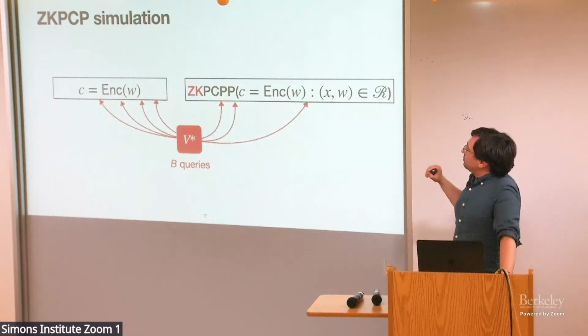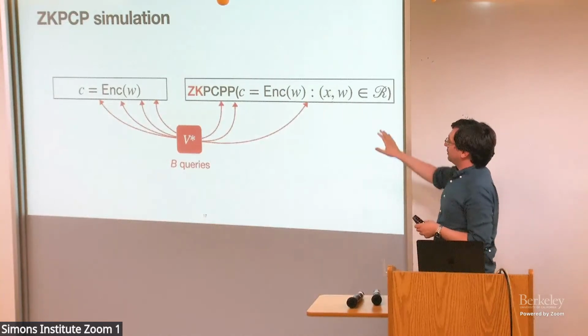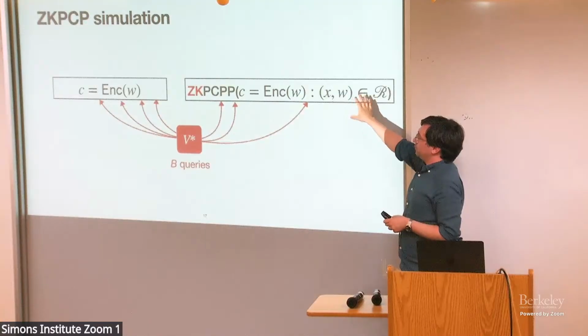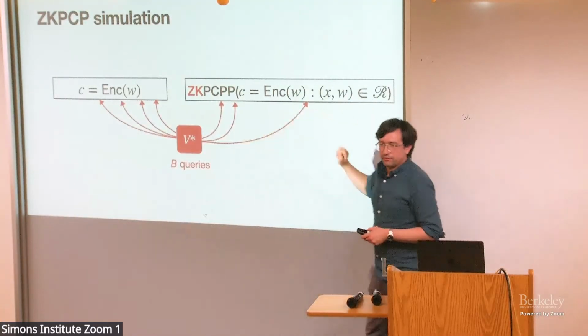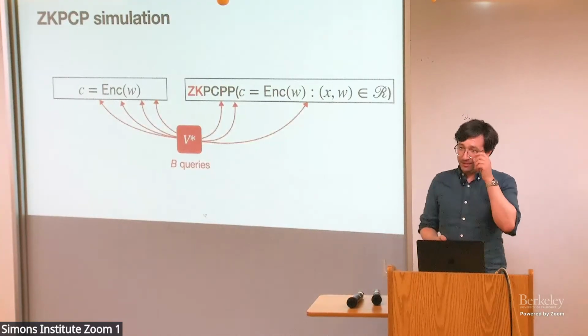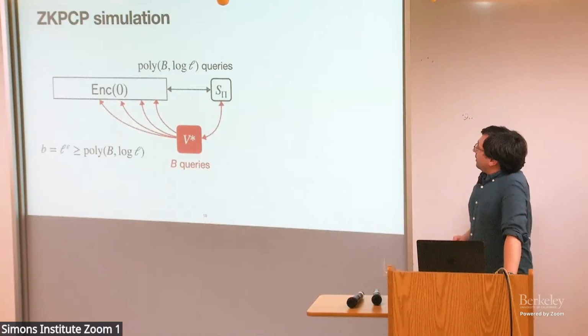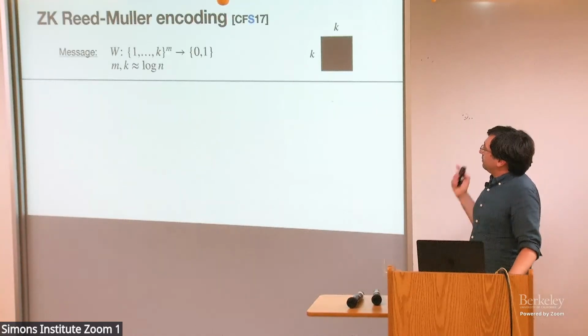Maybe this is not true, but what will actually happen is that the PCPP will prove some statement conditioned on this already being close to an encoding. So maybe the way that I've written it doesn't look like you need it, but you do. Okay. Yes. Okay. Good.